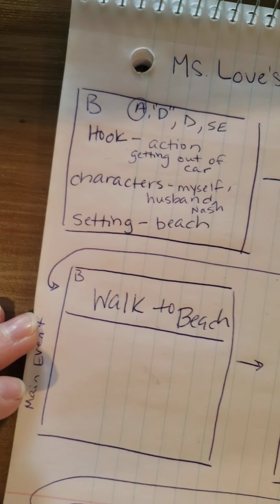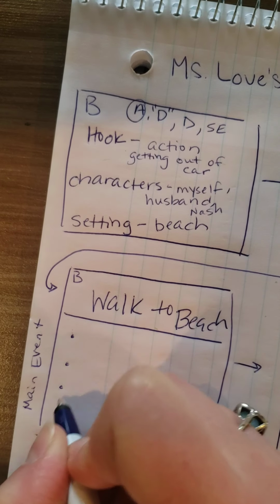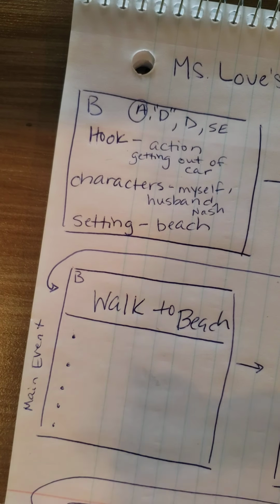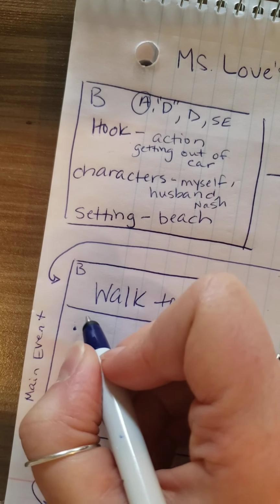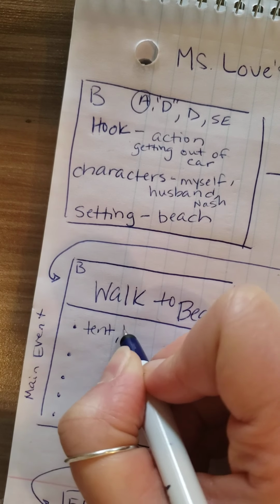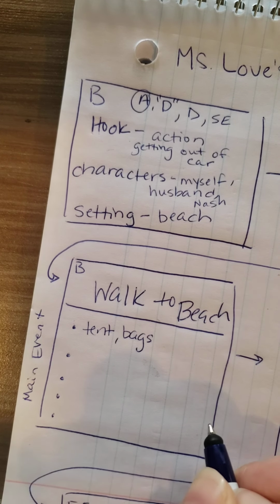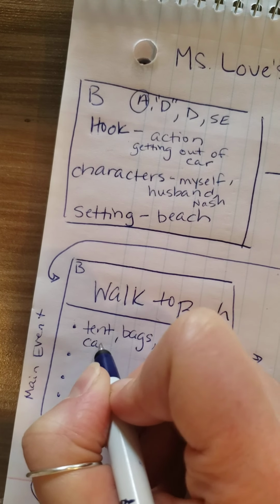And then underneath each section, so walking to the beach, this is where you're going to have bullet points of all the things that happened during that moment. So when we're walking to the beach, we had our tent, we had our bags, we had our food, and we had to carry all of those things.